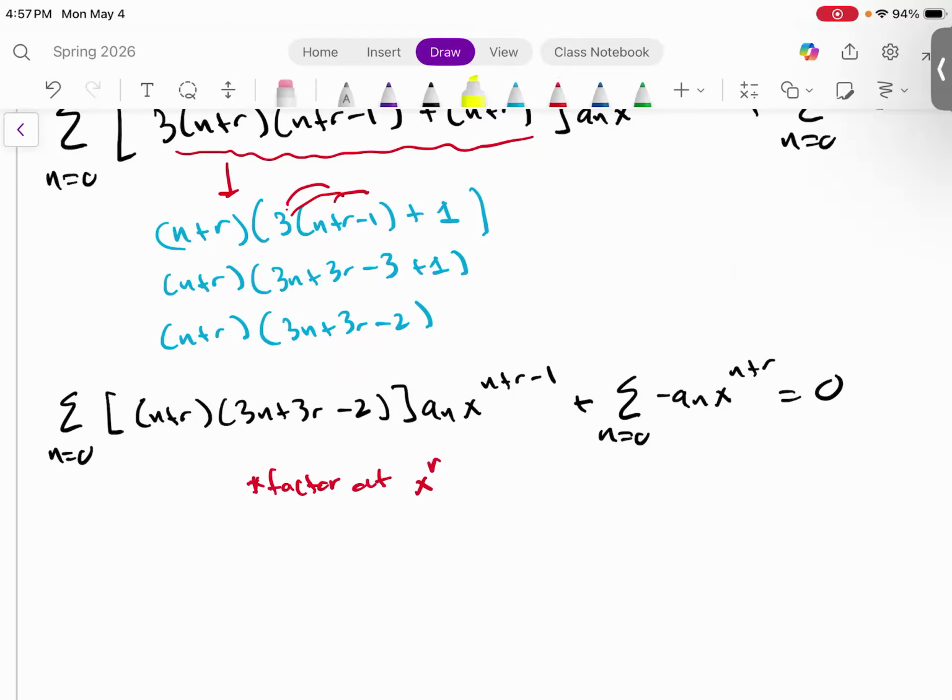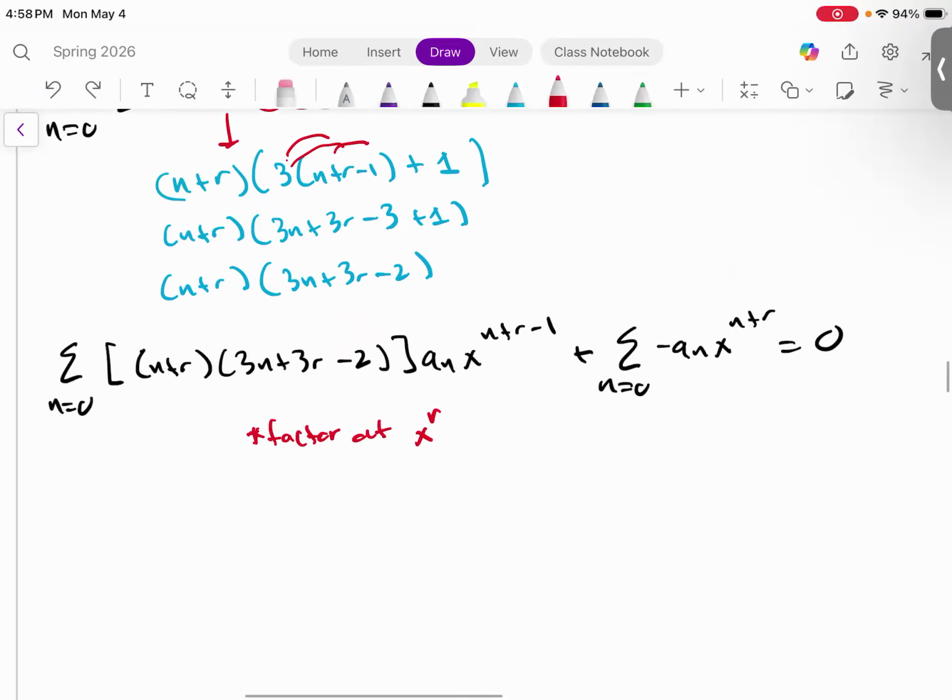Notice for both of our power series, we have x to the r. r is not part of our index or our series. It's going to be a number, a root that we're going to find. So we want to factor that out, and we're going to be able to figure out what exactly r is. We're going to get two roots for r. So we want to factor out an x to the r.